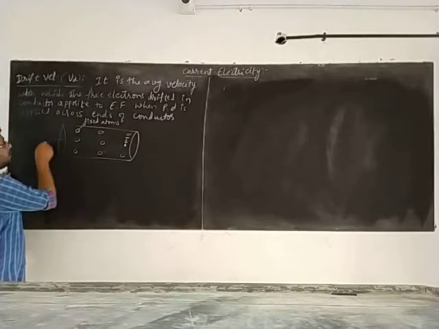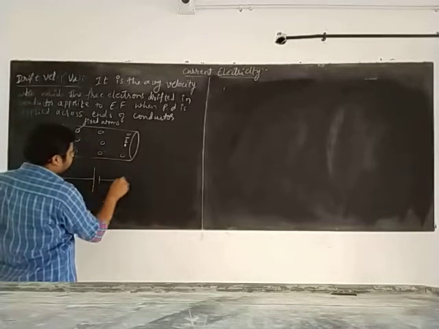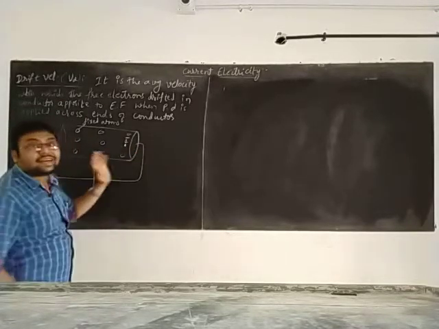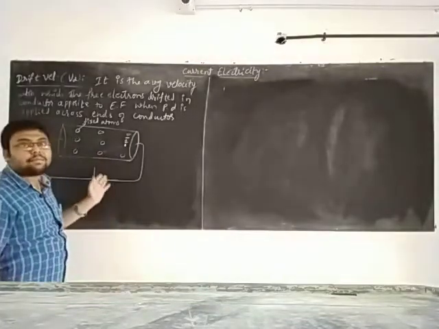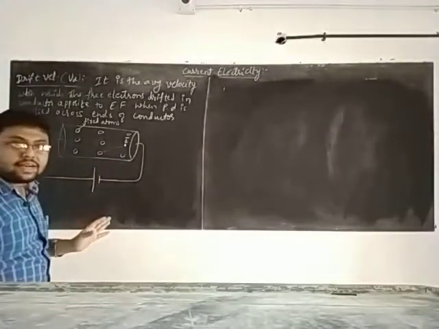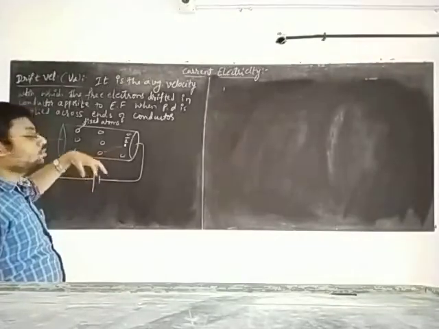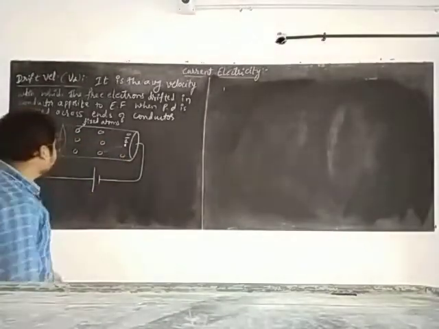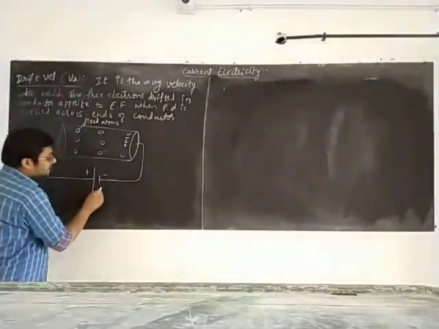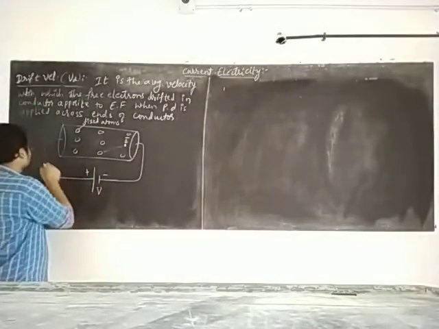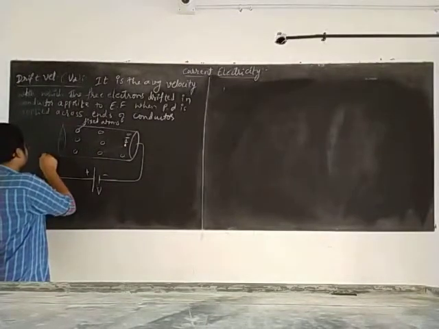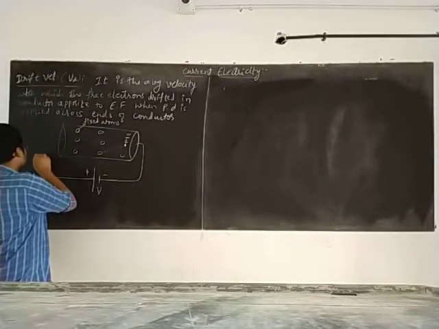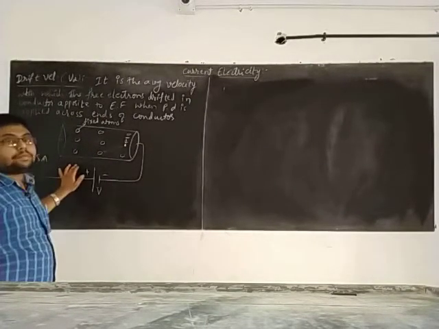Now I am going to connect a battery across the ends of the conductor in order to create a potential difference across the ends of the conductor. So it is plus and minus. Here it is a battery, and when I connect the battery, what happens?